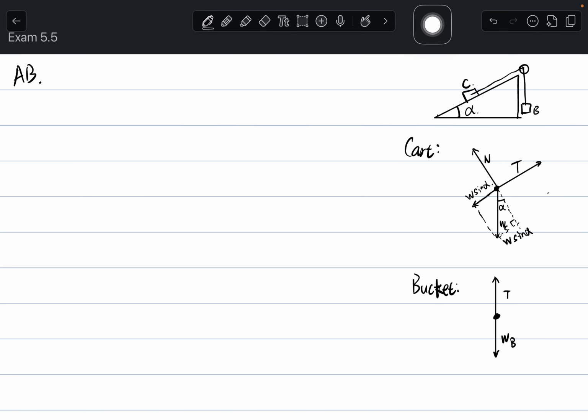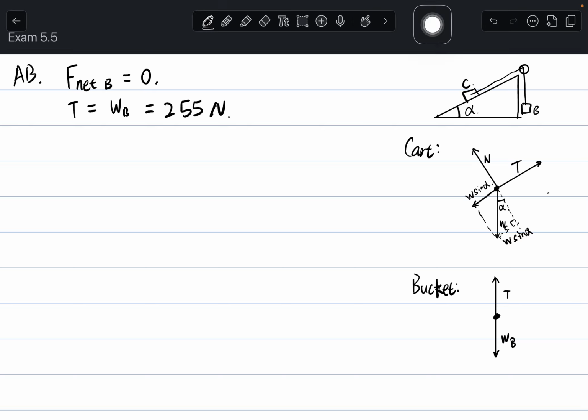We know the weight of the bucket is 255, and both the cart and the bucket are moving at constant speed. So the net force on the bucket is equal to 0. That way we know the tension is equal to the weight of the bucket, which is 255 Newtons. And that answers question B.